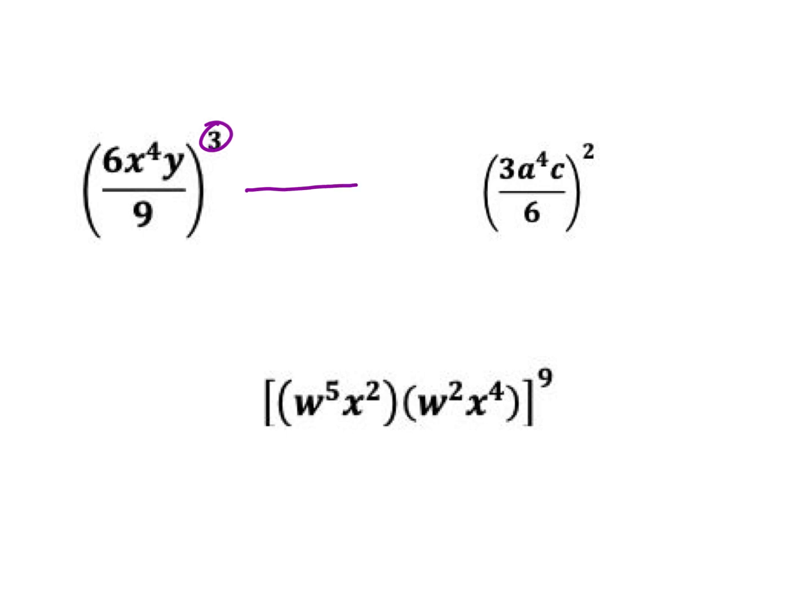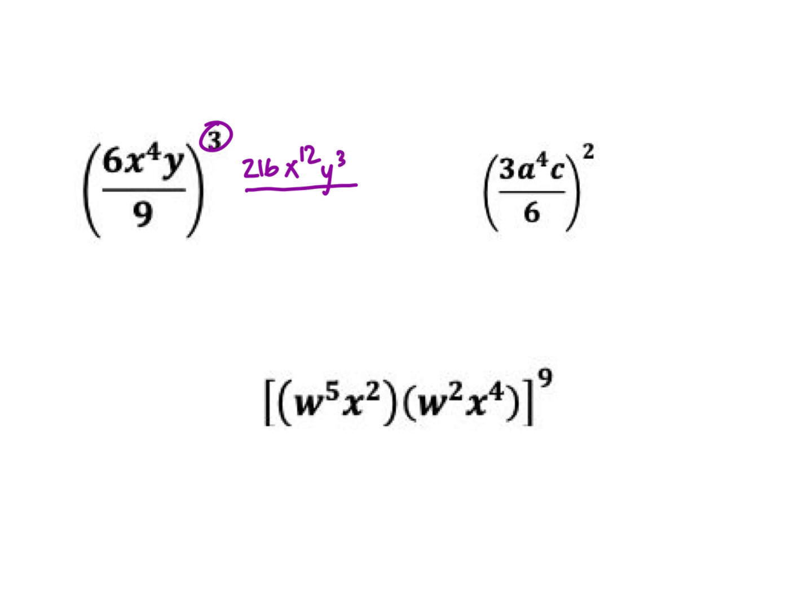So I'm going to take this power of 3, and I'm going to say, okay, 6 to the power of 3, so 216, and then I'm going to take x to the 4th to the power of 3, which is x to the 12th, and then y to the power of 3, y to the 3rd power.